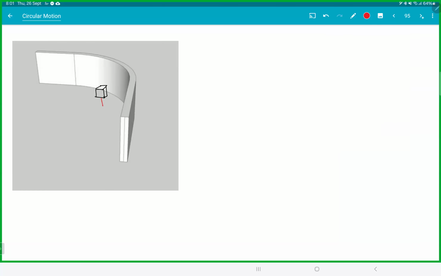You have your normal reaction on the ground, N g. You have your own weight, Mg. You have friction tangentially. You have one more normal reaction from the wall. And since you are going in a circle, there will also be one centrifugal force, mv square by r.